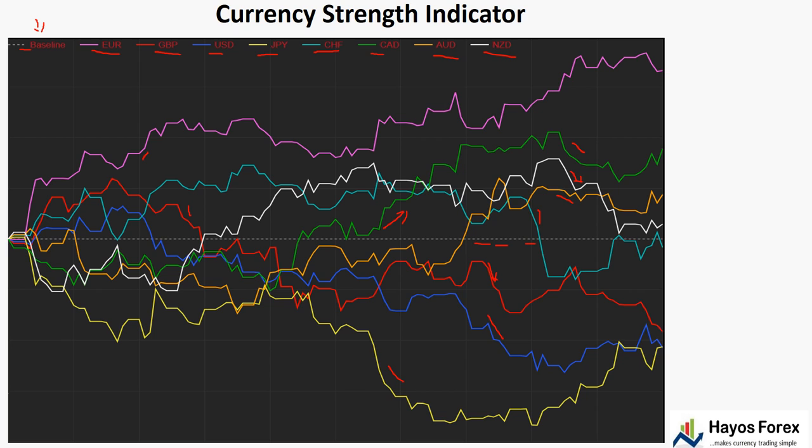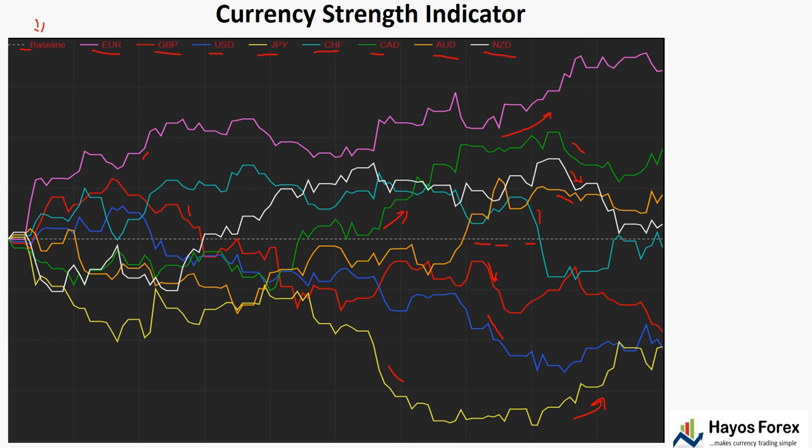So what we are looking for on the currency strength indicator is an individual currency that is rising. It can be above the baseline. It can also be below the baseline, as long as it's strengthening and showing a high momentum of strengthening.